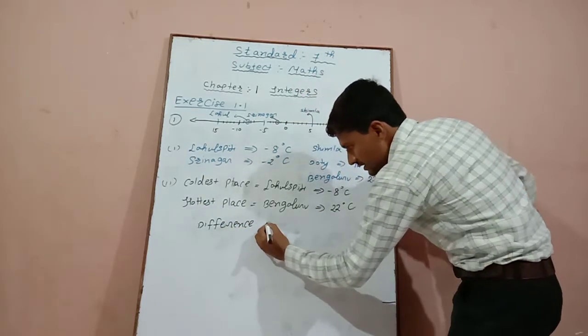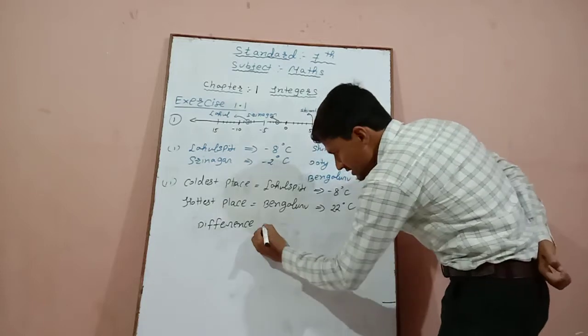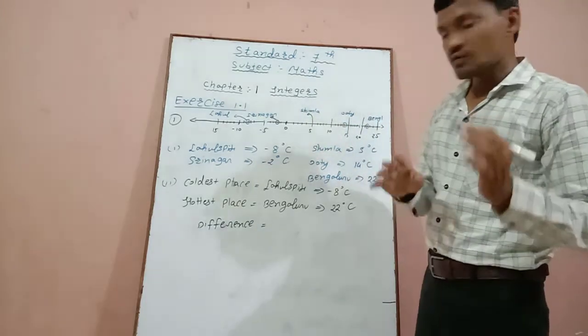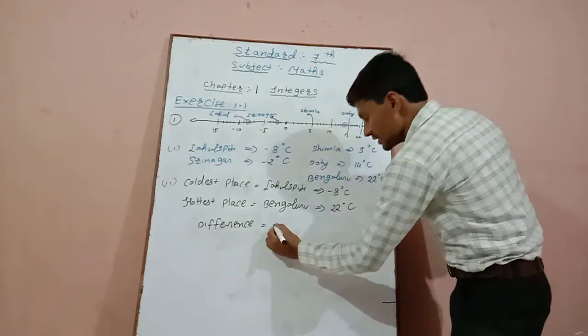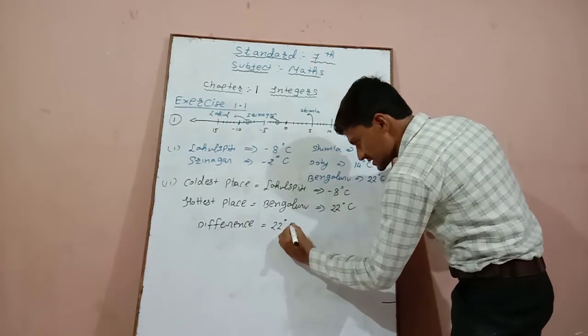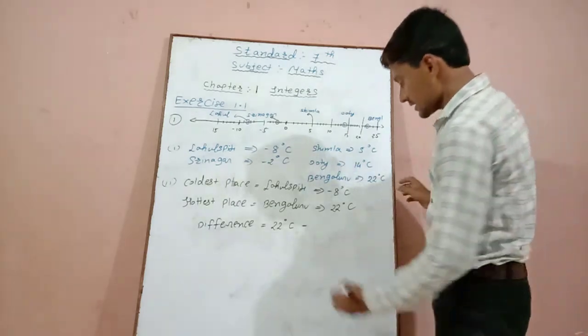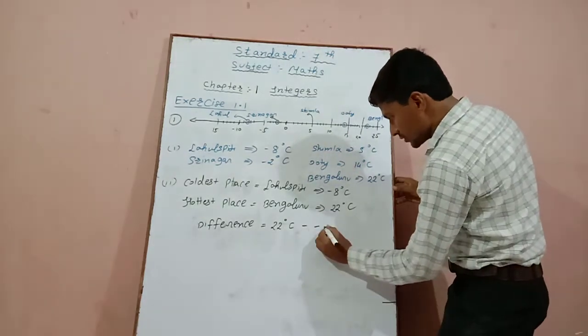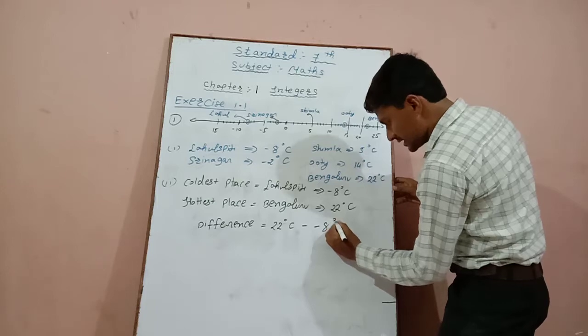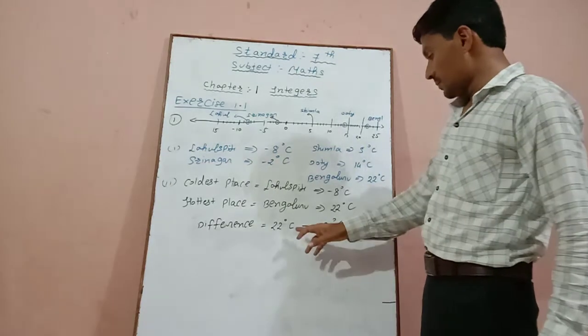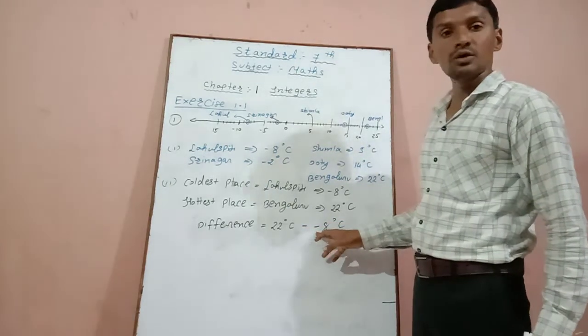Difference in temperature is equal to 22 degree Celsius. Difference means we have to put a minus sign, and Lahul Spiti is minus 8 degree Celsius. Now compare, minus minus is equal to plus.